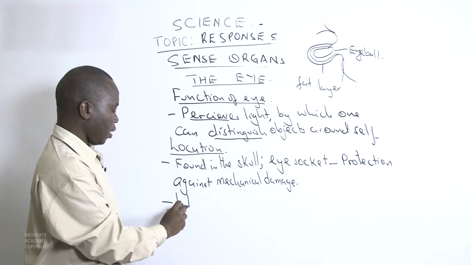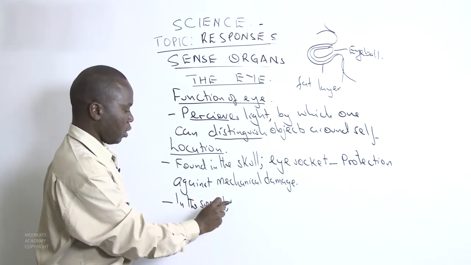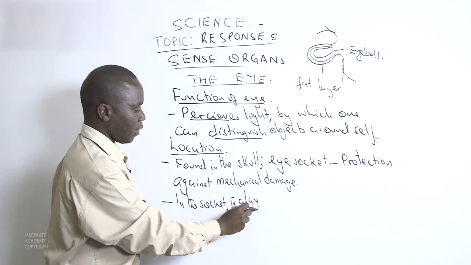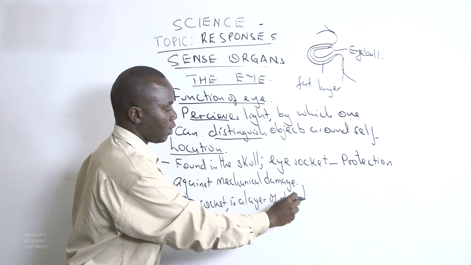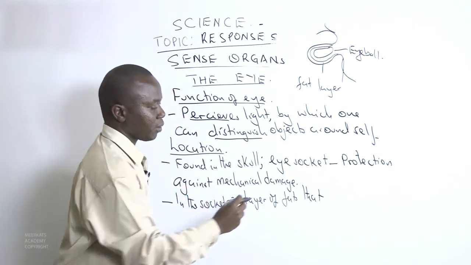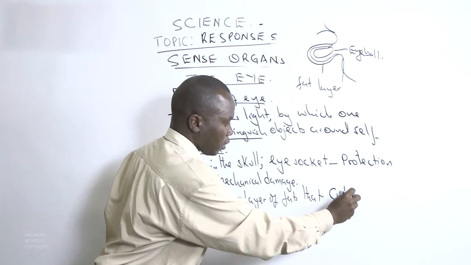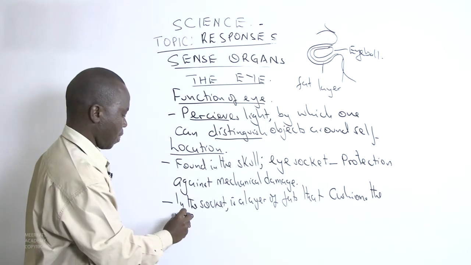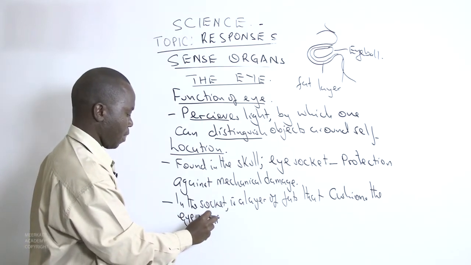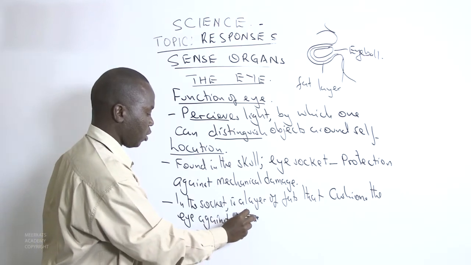So in the socket is a layer of fats that cushions the eye against mechanical shocks.